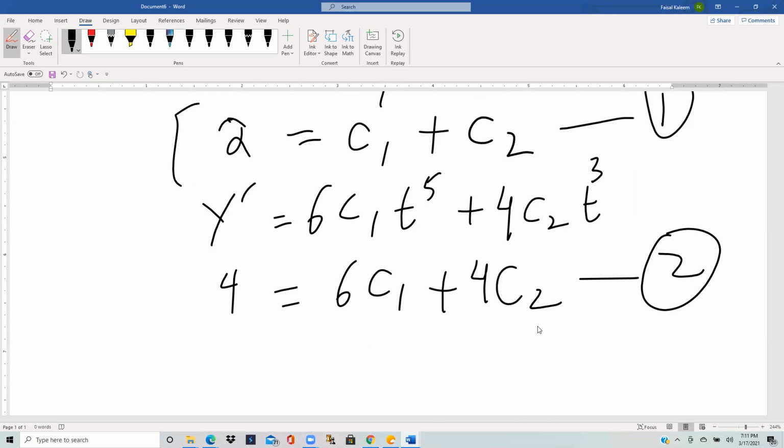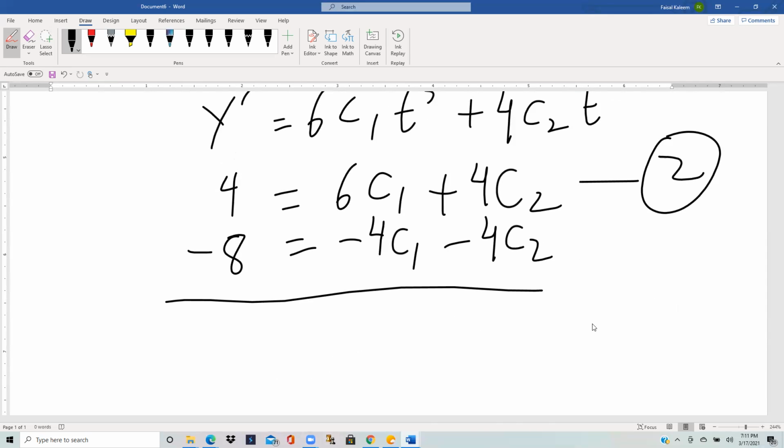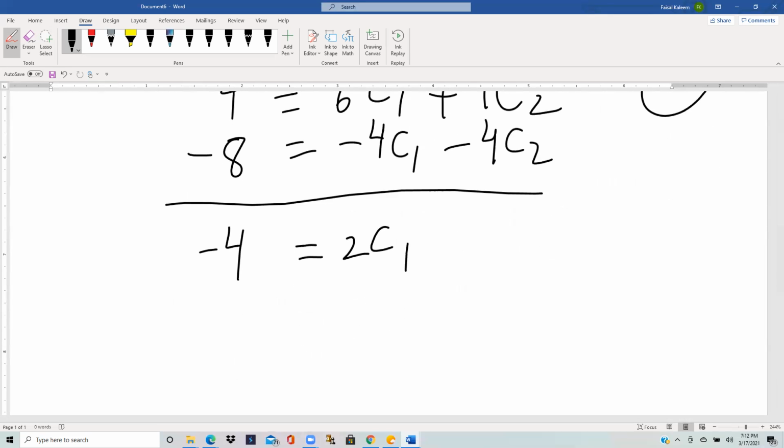So multiplying the first equation by −4, it's −8 = −4c1 − 4c2. And now you add them up. So 4 minus 8 is −4, 6 minus 4 is 2c1. This c2 part is gone. So this one gives us c1 equals −2.